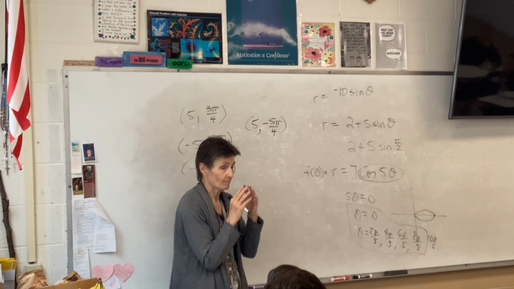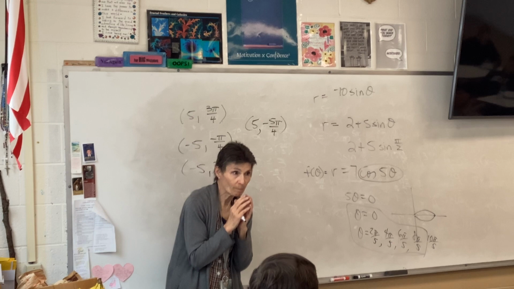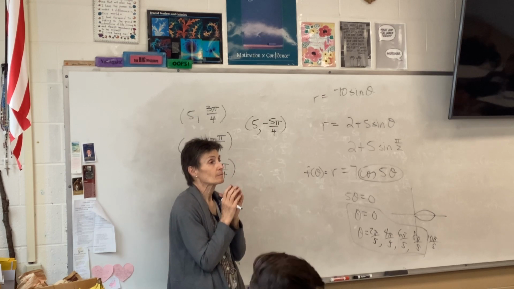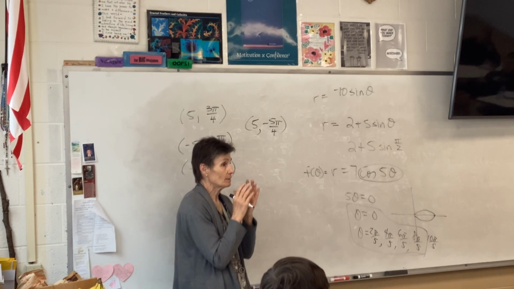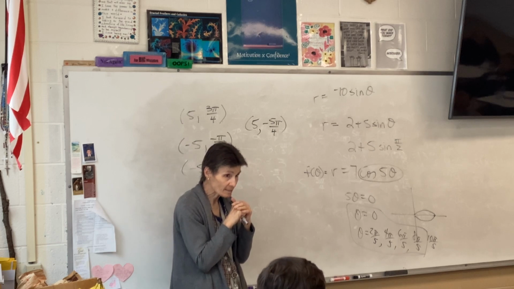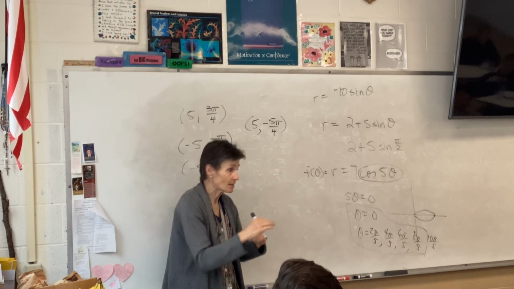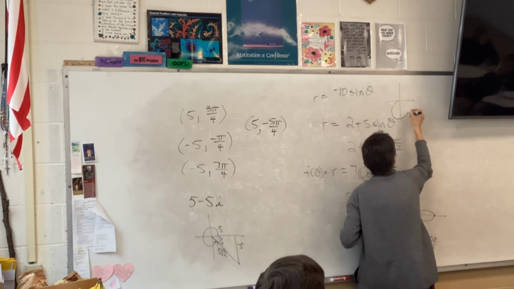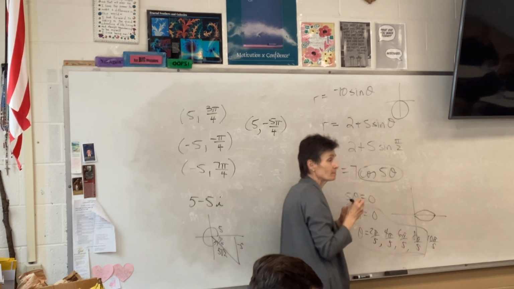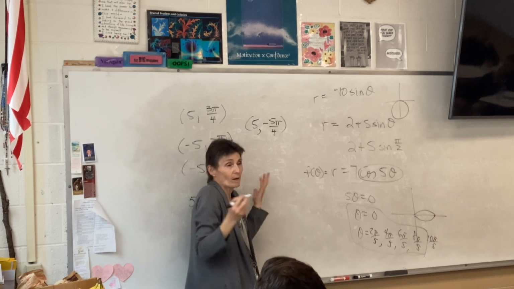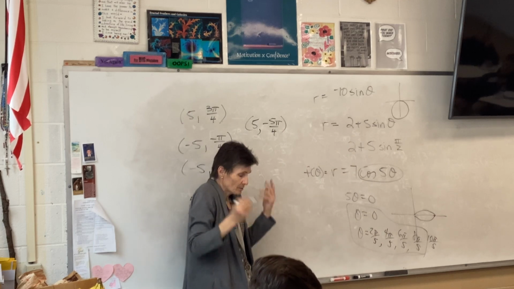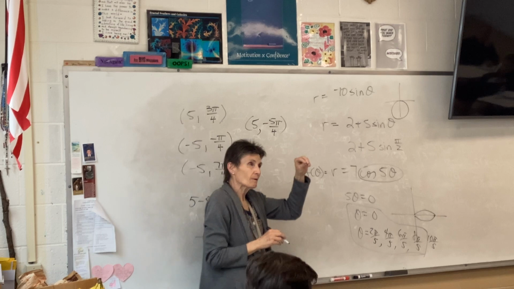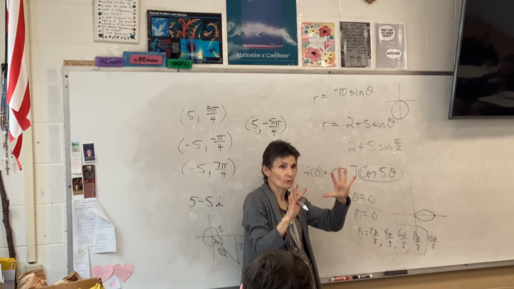It's a circle. What do you know about this circle? It's centered on the y-axis, and because it's negative, it's underneath. So a picture of that would look like this. Would everybody agree with that? Okay, so which quadrants don't have any? 1 and 2.